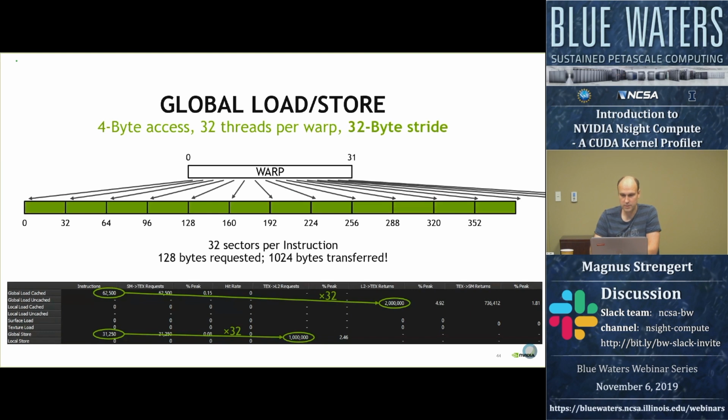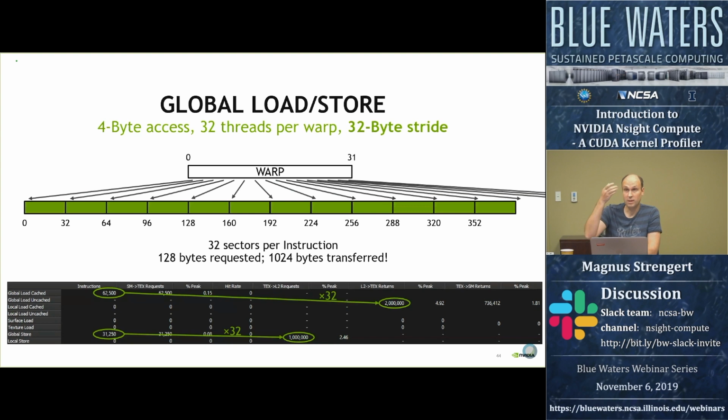A little more interesting is something like this. If you again have a full warp 4-byte access and you would stride it in a way that each of these accesses, each thread, needs to access a unique 32-byte sector, then you need to return 32 times the data that you actually wanted to read.